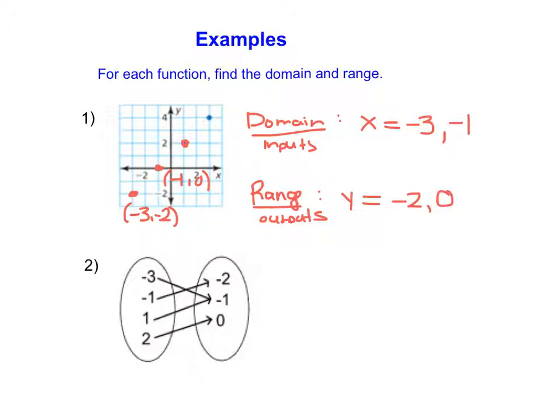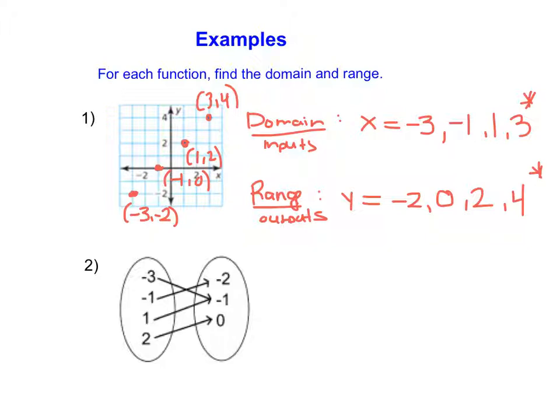I go to the next point. This is x is 1, y is 2. So my input is 1, my output is 2. And then here I have the point x is 3, y is 4. So my input is 3 and my output is 4. So I simply list all of my input values for domain, or all of my x values, and all of my output values for my range, which are my y values.